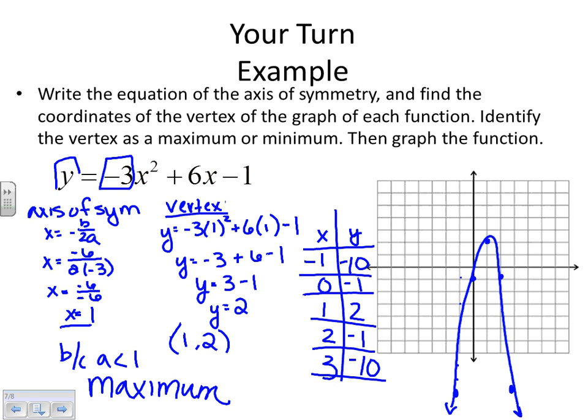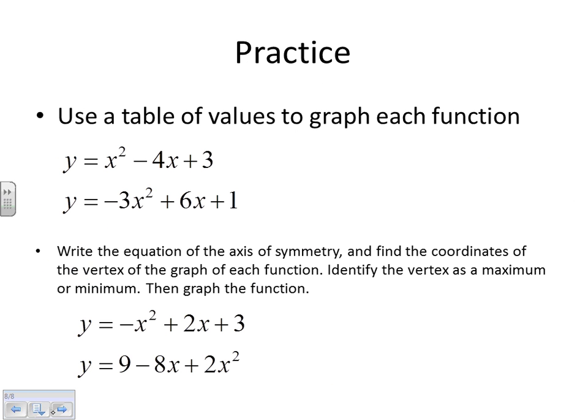And we're going to check to make sure that our axis of symmetry is right. And we said our axis of symmetry was at x equals 1, right down here. And then we also have our vertex being 1, 2, and that's right. And then we also have that this is a maximum point, and this is a maximum. Okay, so hopefully you got that one correct. Excuse that little technical issue right there in the middle.